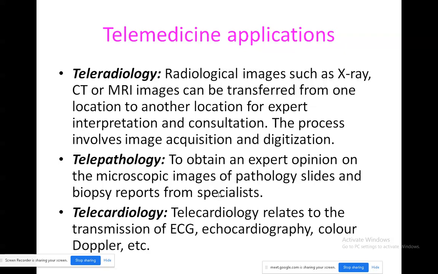That consultation will be done through telemedicine. For this purpose, the general doctor may transmit the CT scan, MRI scan through the teleradiology method.